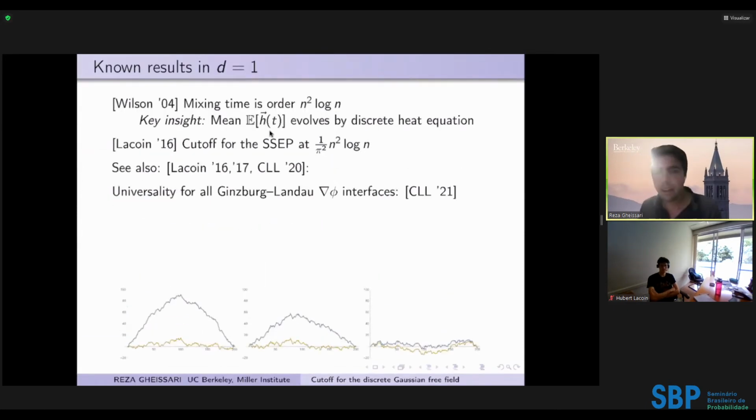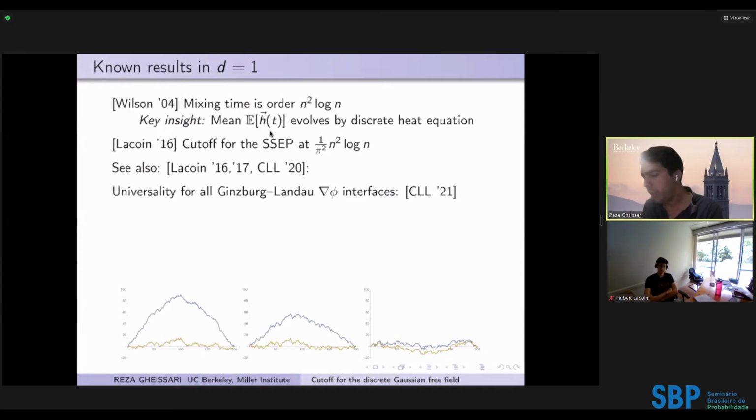Later, there's been a lot of later work using similar arguments, for instance for the exclusion process on the circle instead of on the line segment with 0 boundary conditions. And then more recently, Caputo, Labbé, and Lacoin established a kind of universality of this cutoff phenomenon for grad phi type interfaces.